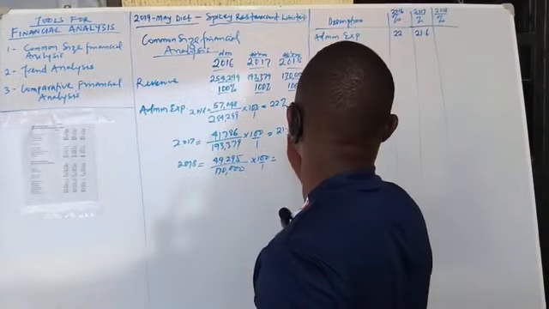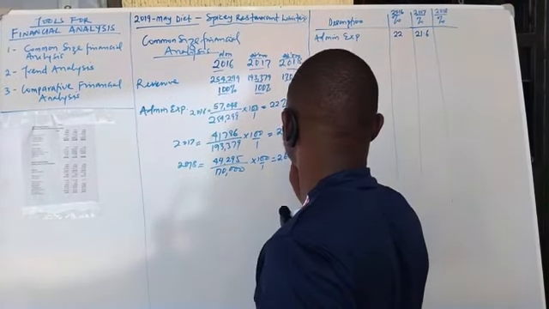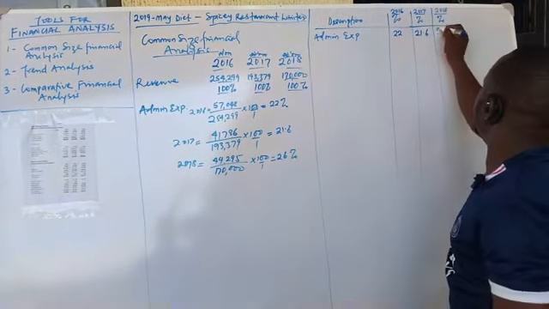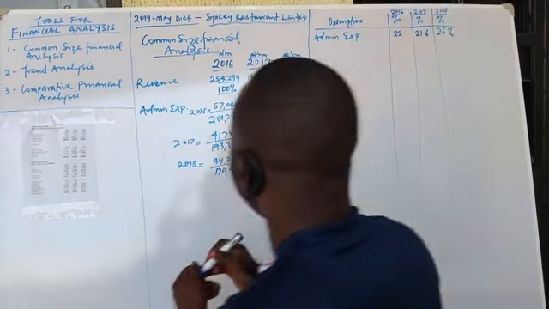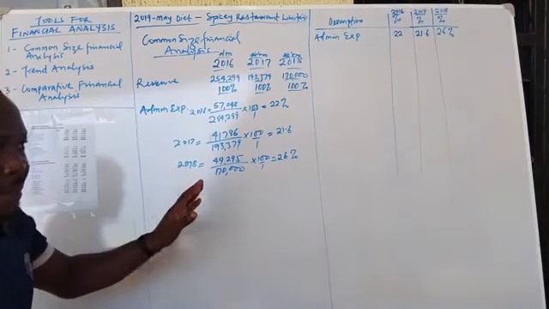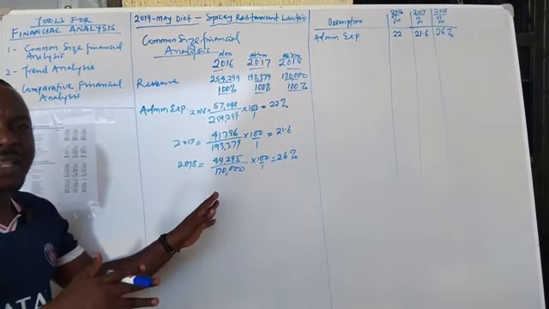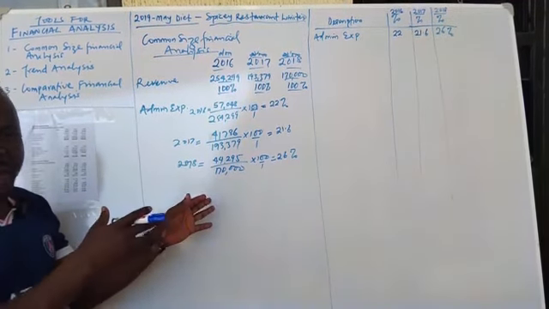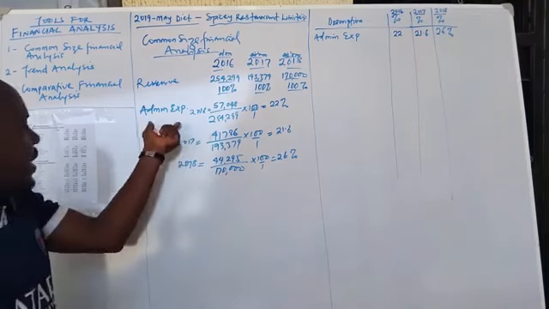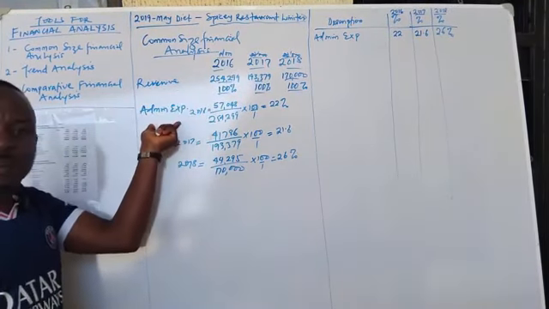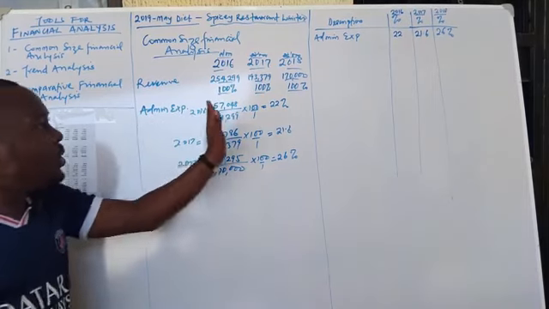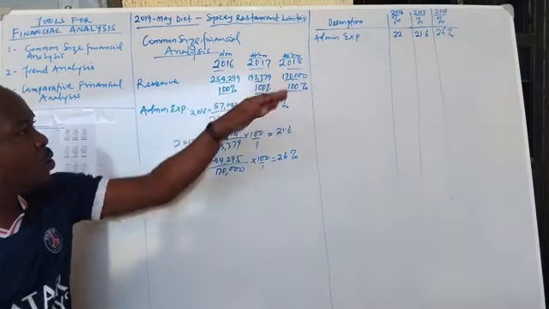This is 21.6, and this is 26%. All right, so we are done with admin expense. This will happen only if your examiner calls your attention in your case material that you should check the performance of Spicy as regards its admin expenses for the given years. This is how you're going to analyze it.